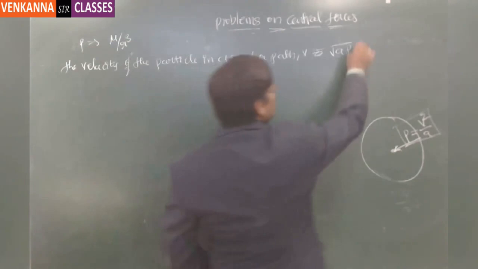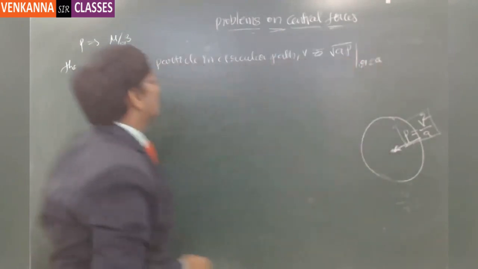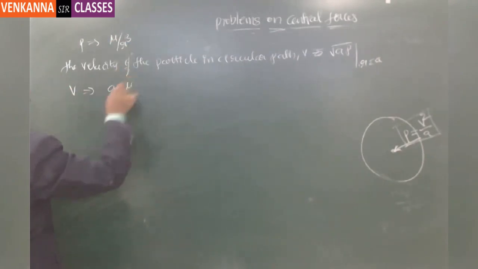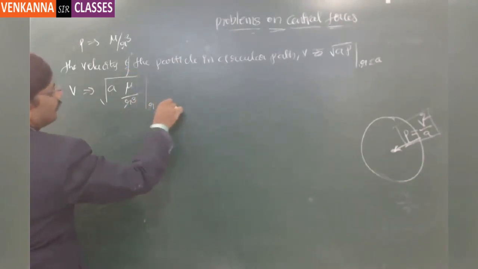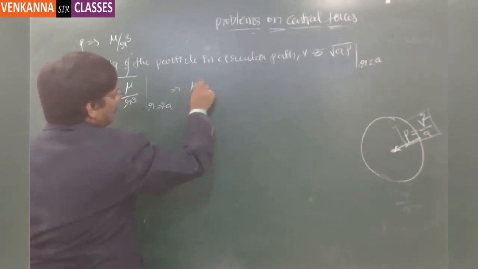The radius is r equal to a. Now the velocity when it is traveling in the circular path is the square root of a times mu by r cube, this being the acceleration, at r equal to a. So this is going to be the square root of mu by a square.